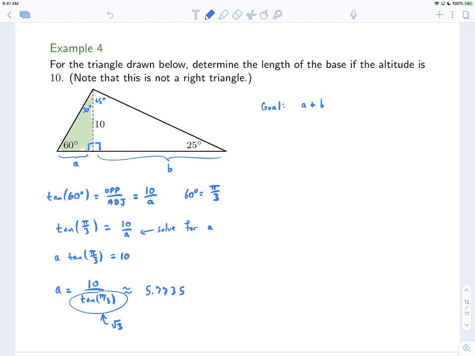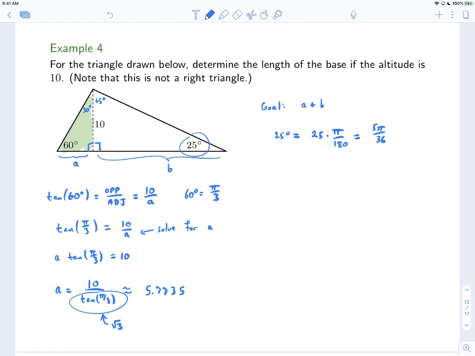The next thing to do is to find the approximate value of B. And we're going to do it in basically the same way, but now we're going to use this angle, 25 degrees. If we convert that into radians, that's 25 times pi over 180, which is equal to 5 pi over 36.